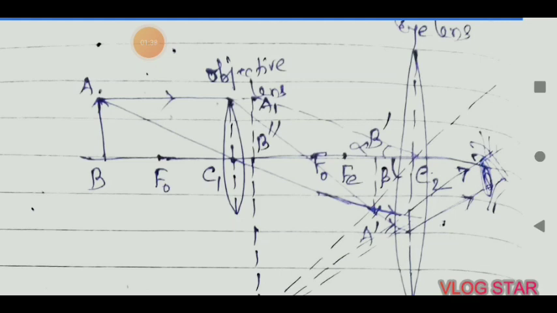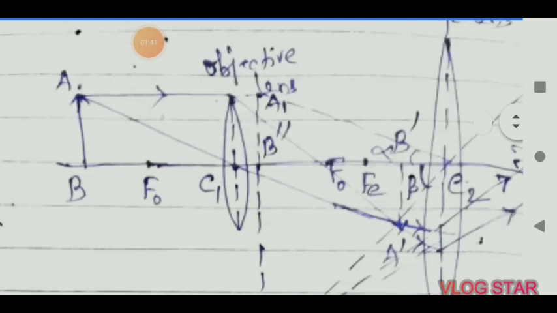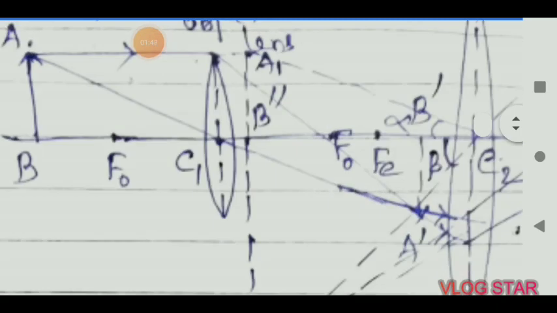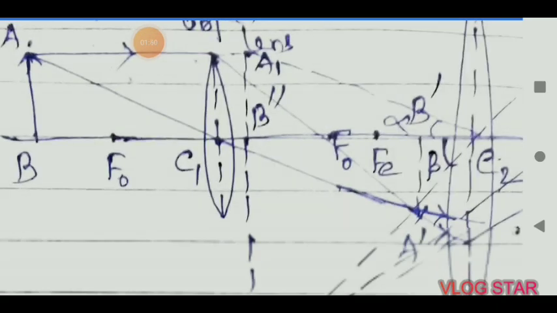Now you know that whenever the light comes from object AB, it forms image A dash B dash, that is the image of the object AB. The object is beyond the focus, so here its image will be formed, beyond the center of curvature. So A dash B dash obviously will be larger than the object AB. The object has been magnified.